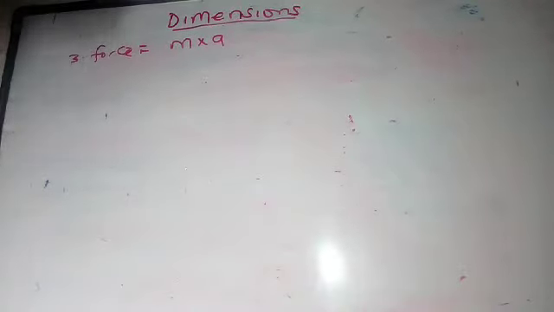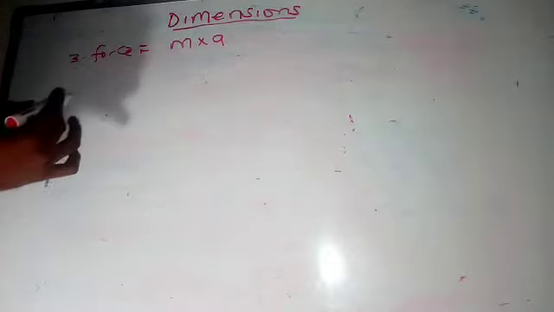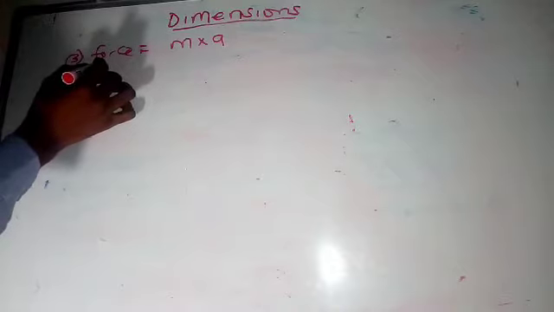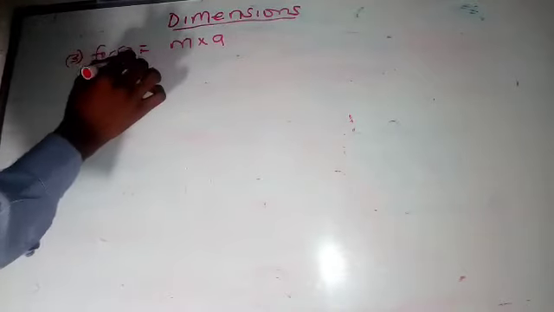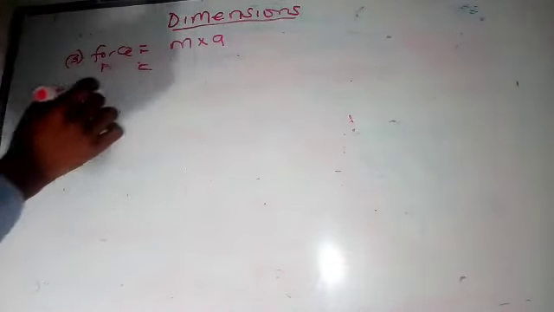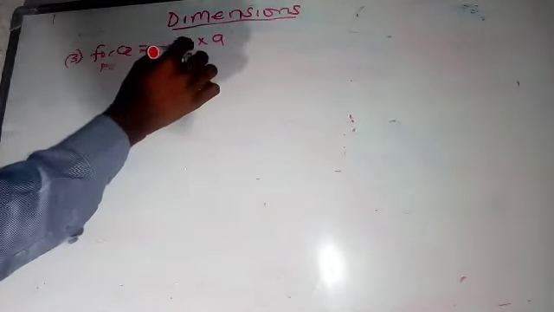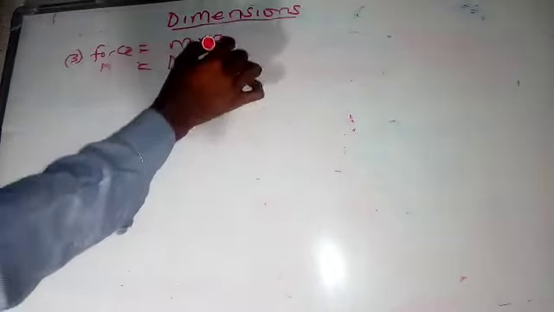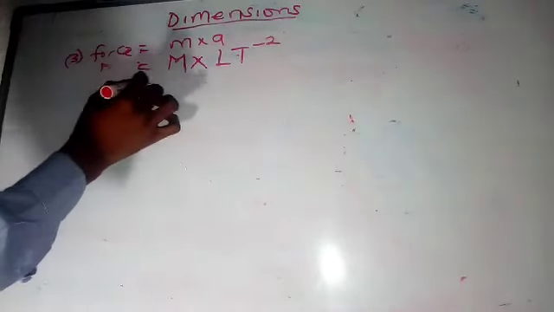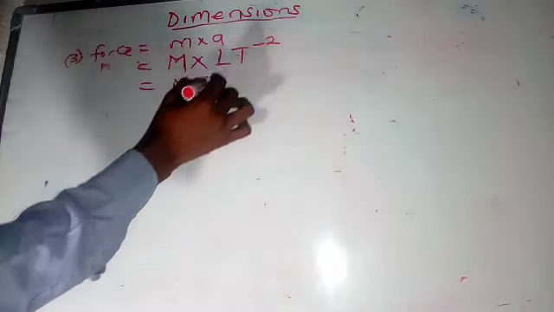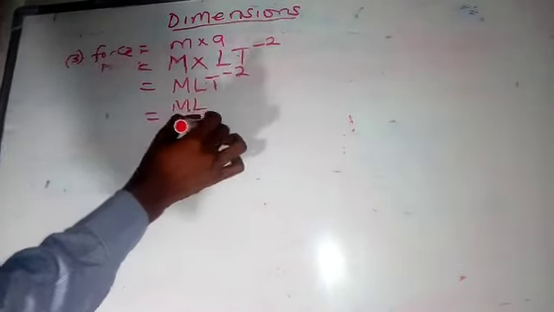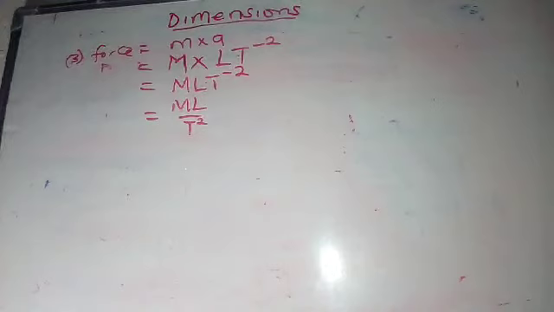So if we know force to be the product of mass and acceleration, to get the dimension, our mass is always M, and our acceleration, we found out to be LT^-2. So the dimension for force will be MLT^-2, though you can still write this as ML over T squared. It's just your indices.